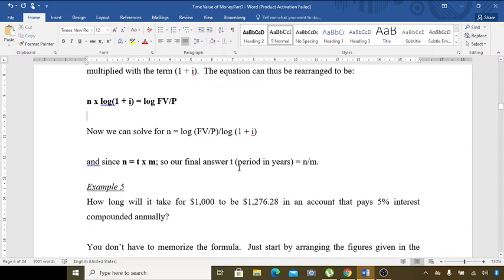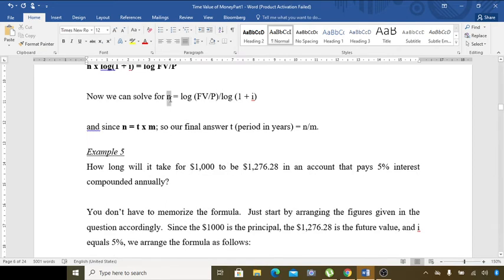Is it difficult to find the log? It's not that difficult. When I was a high school student, it was kind of difficult because we had to use the log book. Now you have your scientific calculator to do that for you. And by solving for n, we can finally solve for the time period t, the number of years.